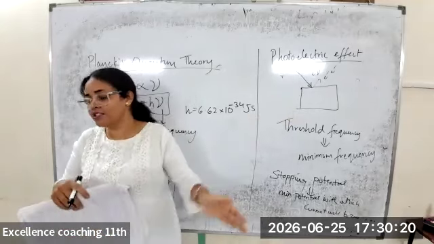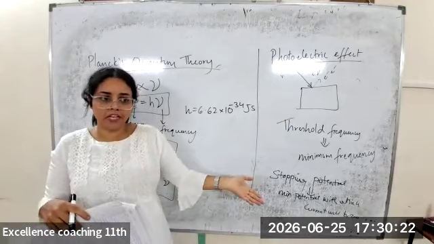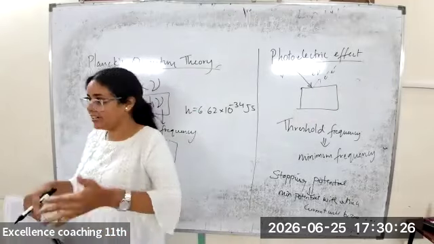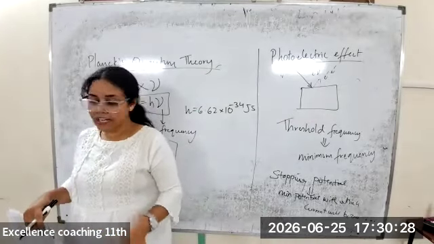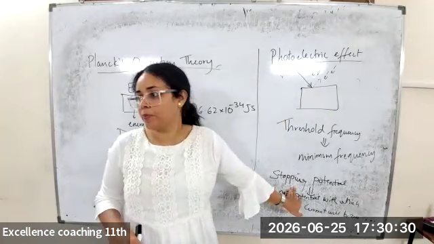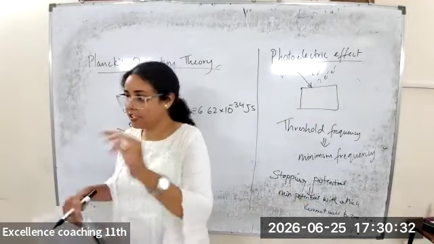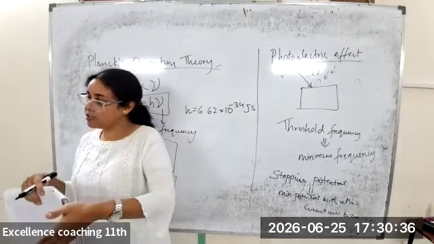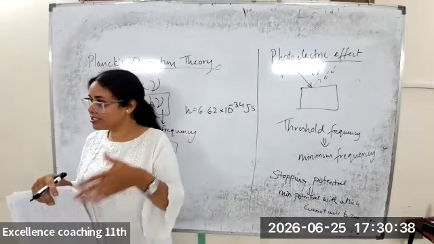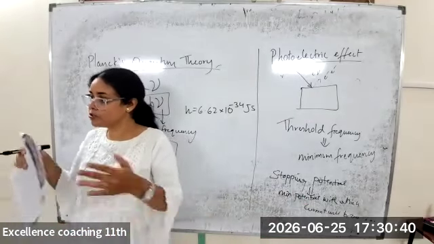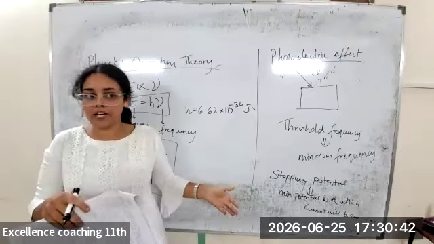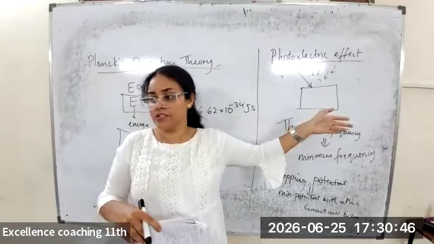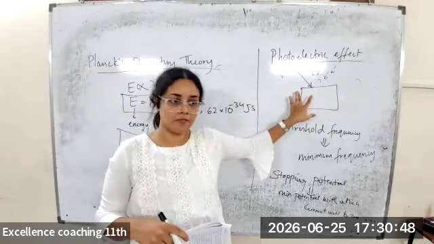If no current passes, no electrons will be given out, so the entire system will be at rest. So this is called the stopping potential.